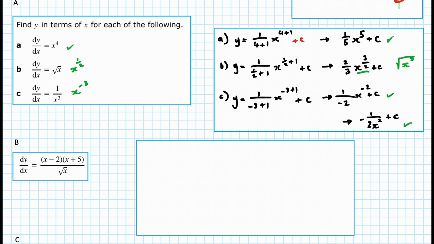Okay, part B. This is a more expansive example. We have x minus 2 and x plus 5. So let's multiply them together, as you know already, using your FOIL method, if you will. And then root x is x to the power of a half. And now, after rearranging it, making it nice to deal with, we can start to do this.